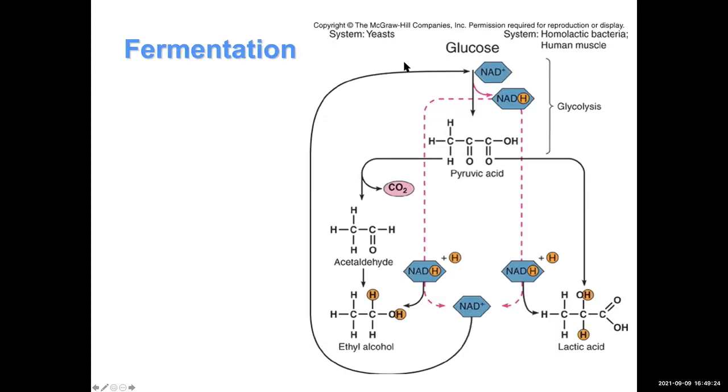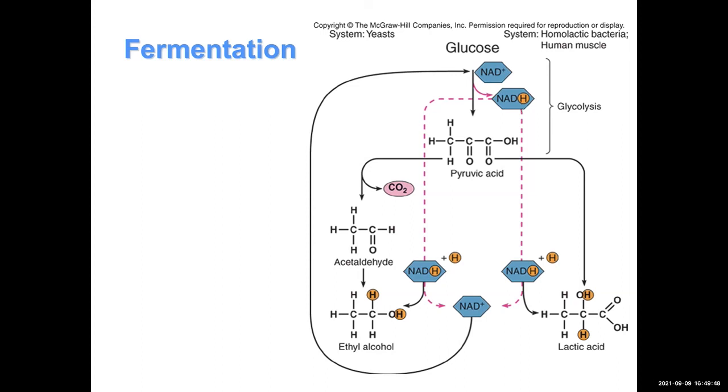Okay, so here we see fermentation, we see glucose, and in glycolysis we generate ATP, right? We generate two molecules of ATP, correct? But we also generated this reduced coenzyme NADH.